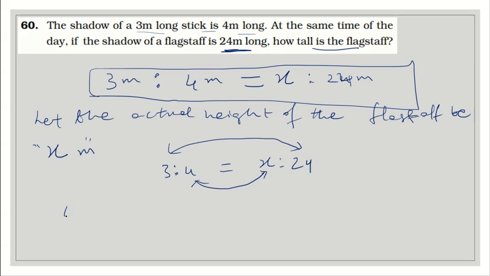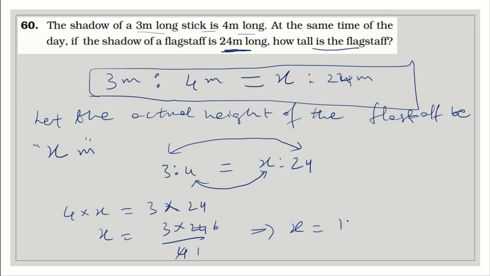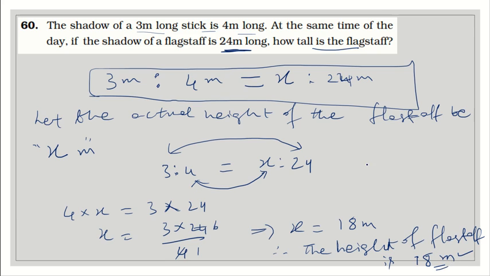That means 4 into x equals to 3 into 24, where x equals to 3 into 24 divided by 4. On simplification, x value becomes 3 sixes are 18. Thus you can conclude the height of a flagstaff is 18 meter. This is how we calculate.